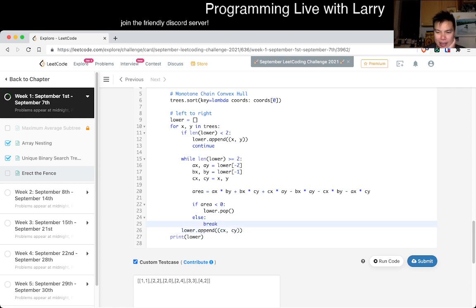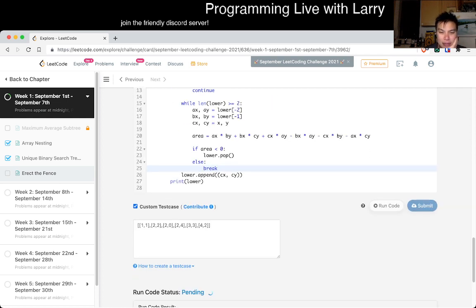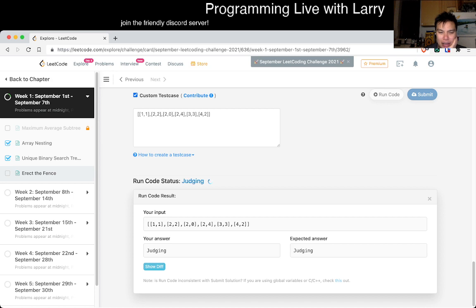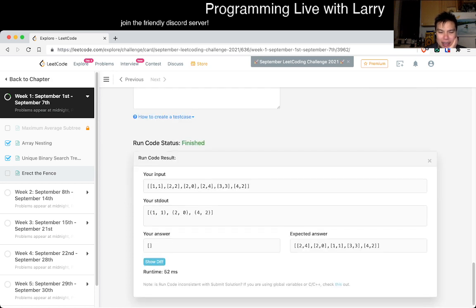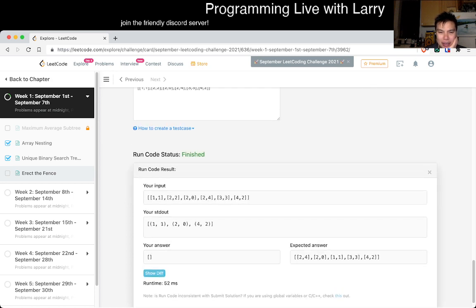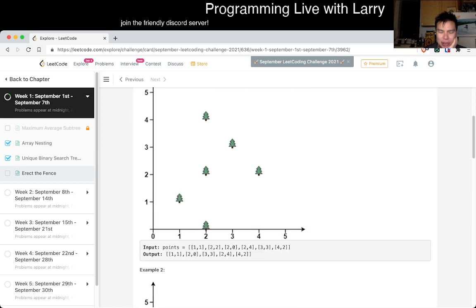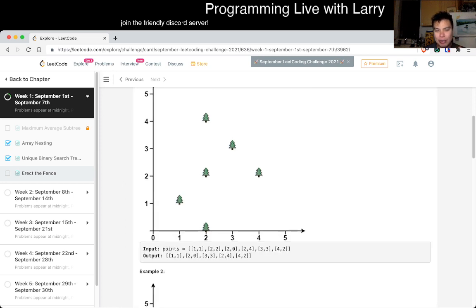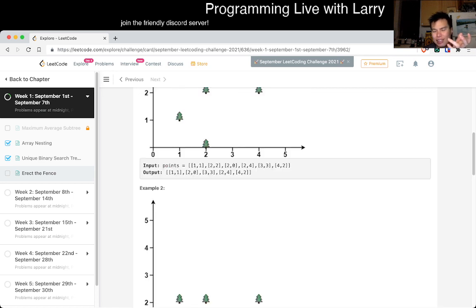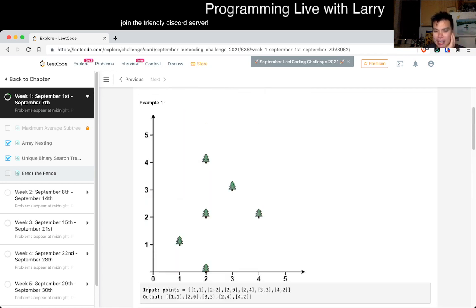Okay, let's try again. Okay, this is slightly better, maybe. Oh, the 4-2, I think I confused 2-4 and 4-2. So now we have the lower. I hope this is right. I mean, this is right for this input, I believe.